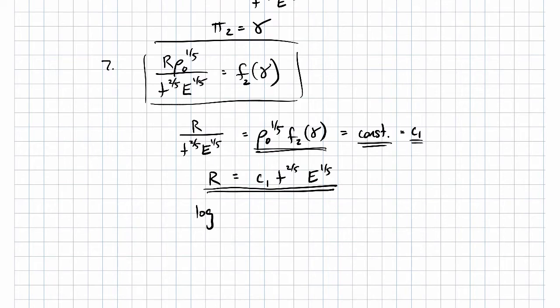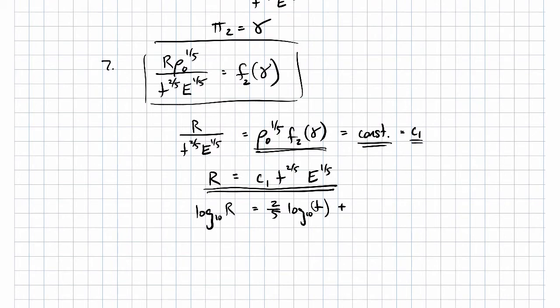Here I'm just going to do the same thing that G.I. Taylor did. He used a log base 10 when he did the logarithm. So log R on this side, then we'll have 2/5 log base 10 of the time. And then I'm going to combine together the C1 and the E terms.